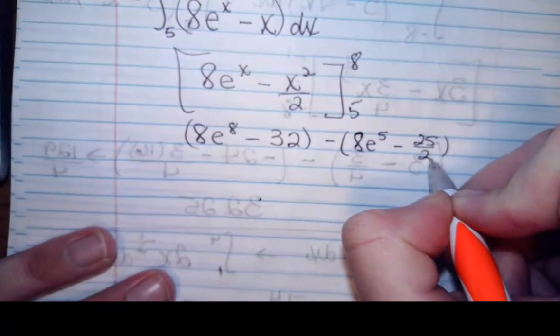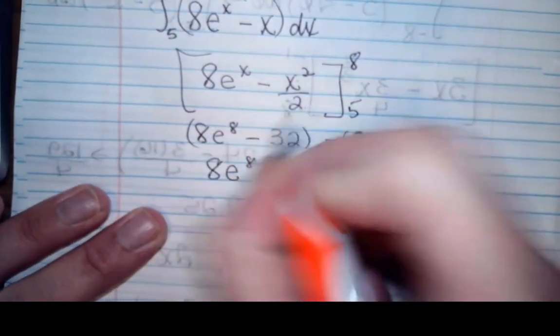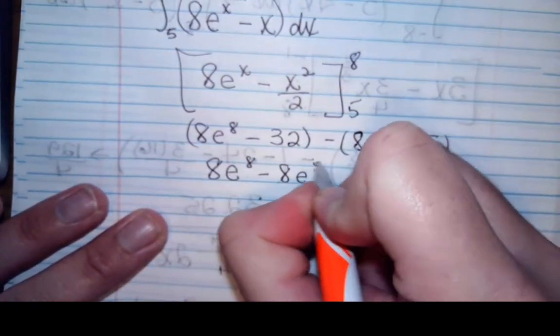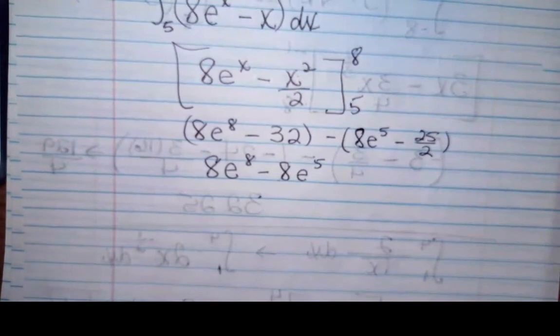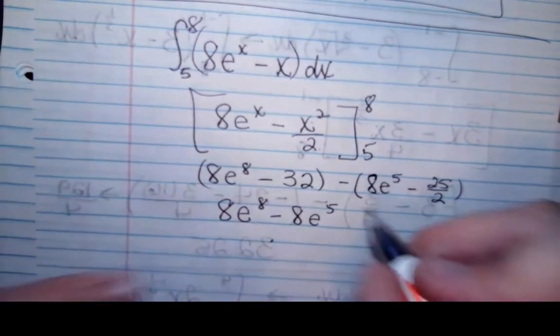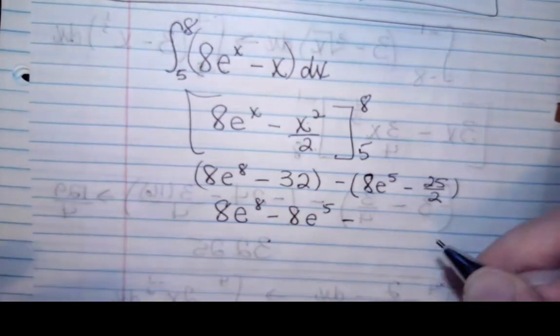Okay, so I end up with 8e to the 8th minus 8e to the 5th. And then 32 is going to be 64 minus 25. Should be 39. All right, so minus 39 over 2.